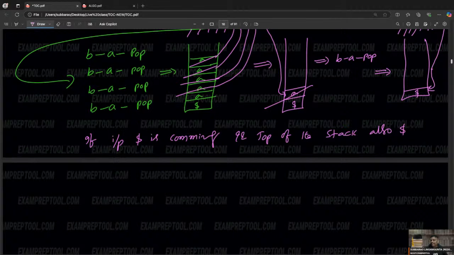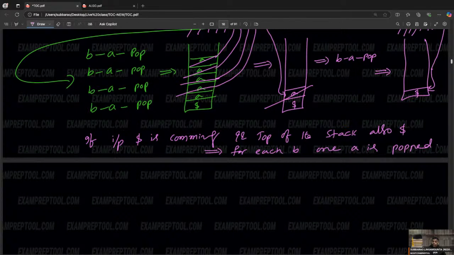But what is happening here is dollar is coming, top of the stack is dollar. That means for every B, A is cancelled. One A is popped. That means for each B, one A is popped.